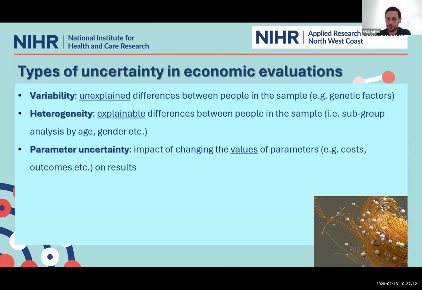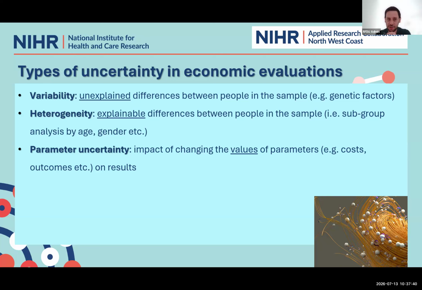So it's good to have a look at potential uncertainty around the cost value. Similarly for outcomes, it's good to move away from the average scenario and see, for example, how more severe people might respond to a certain treatment, or less severe people might also respond differently to a certain treatment.